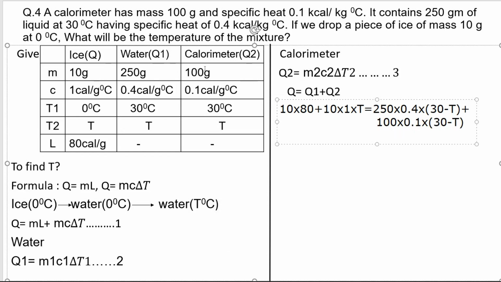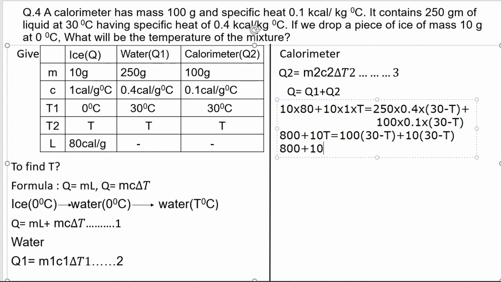We'll multiply and write 80 into 10, 800 plus 10T is equal to 250 into 0.4, 25 into 4 is 100. 100 into 30 minus T, plus 100 into 0.1, 10, 10 into 30 minus T. Now here 30 minus T is common. We'll take 30 minus T common in the next step.